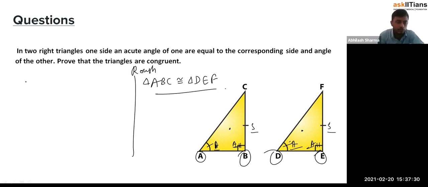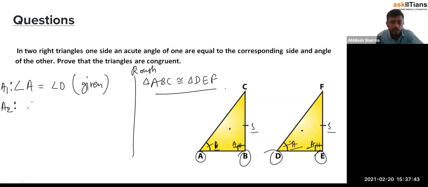Now in the fair solution, we will write that we observe that angle A equal to angle D, given. So this is the first angle that we are talking about. The second angle is angle B equal to angle E. Both are equal to 90 degrees, the reason being both are given to be 90-degree angles.